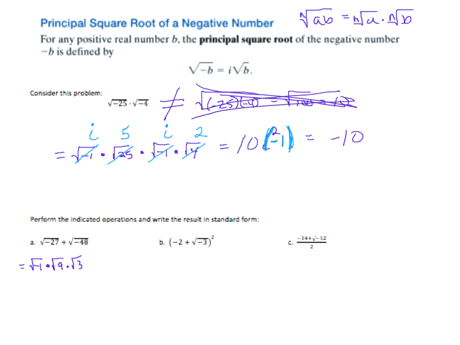Let me look real quick on my math lab and see which prerequisite section it is that radicals are found in. Okay, my computer's not wanting to cooperate with me right now, so I will put in the news feed which prerequisite section covers radicals.